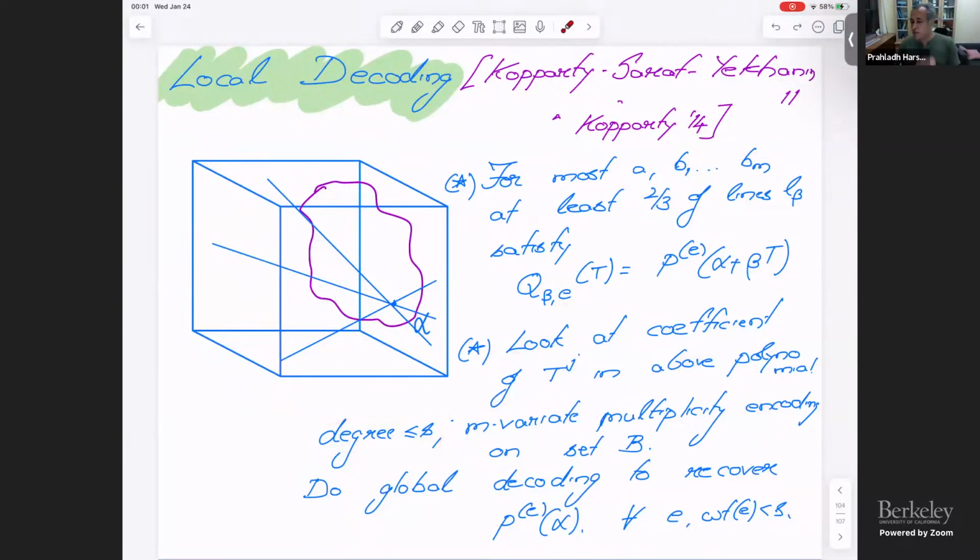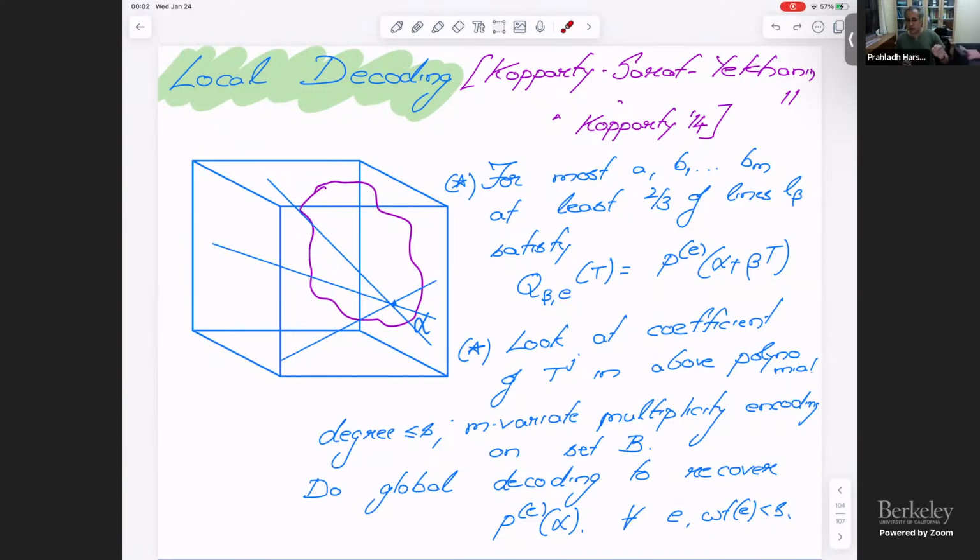Yes, it's a constant degree polynomial. It's the same problem, but with constant degree, and you have the entire information here. You can do a global decoding for this and recover P at alpha. I'm hand waving a lot, but this is essentially the entire algorithm of Kopparty. Kopparty's improvement over KSY is exactly this.